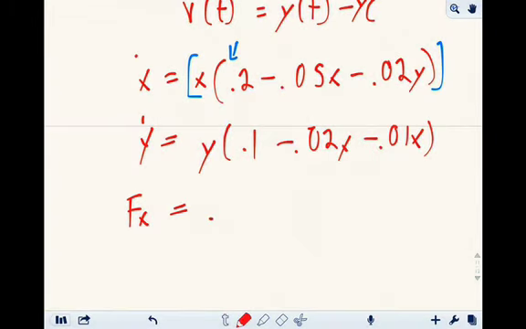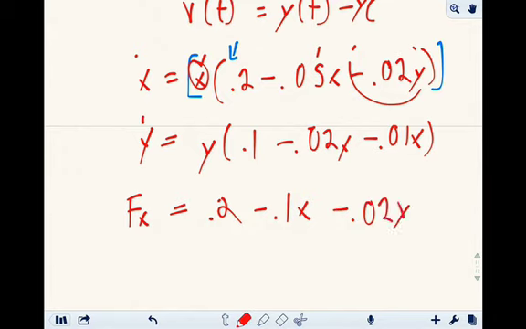Our second term, if we multiply it through, we have x times 0.05x is negative 0.05x squared. The derivative of that is minus 0.1x. And the derivative of this term, 0.02y times x, is minus 0.02y.